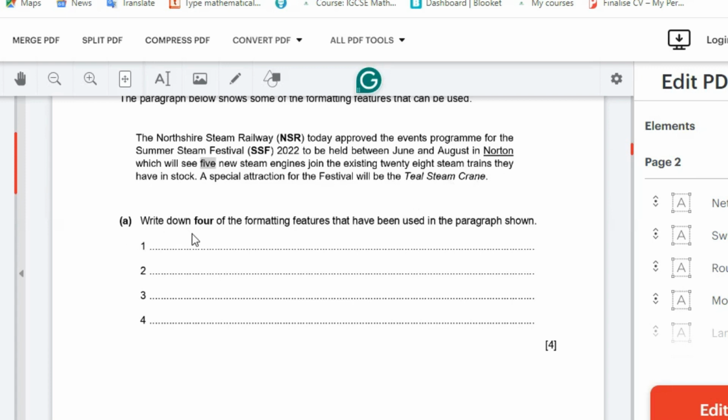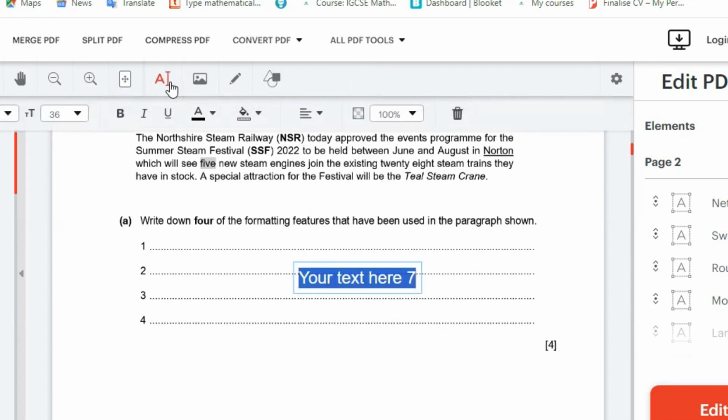A. Write down 4 of the formatting features that can be used in the paragraph shown. That is, this paragraph that we have, what are 4 formatting features that can be used on it? All right, I'm listening. You know formatting features, right? So here, you see this one, it appears more blackish, just like this one.